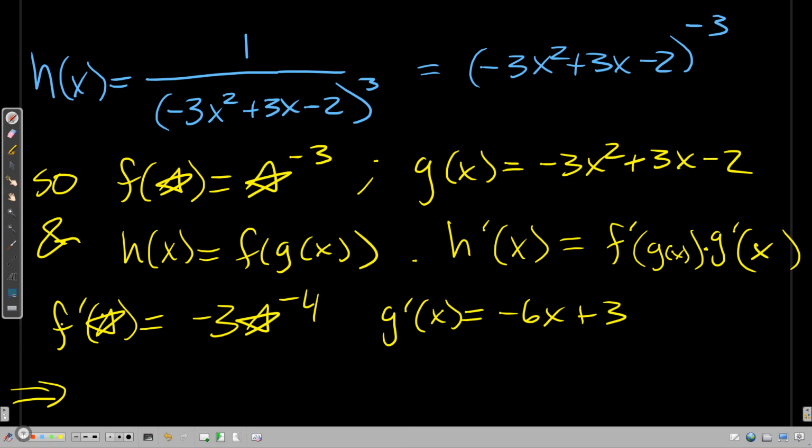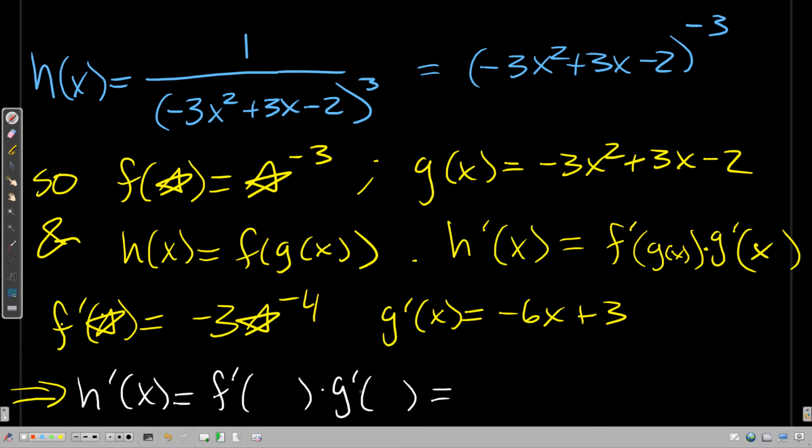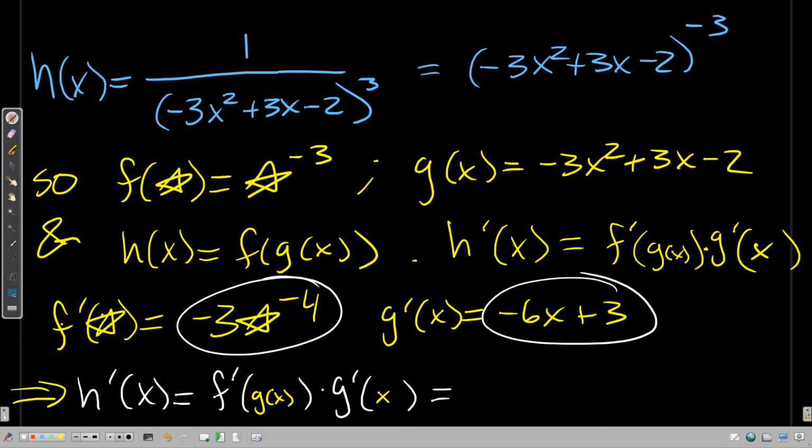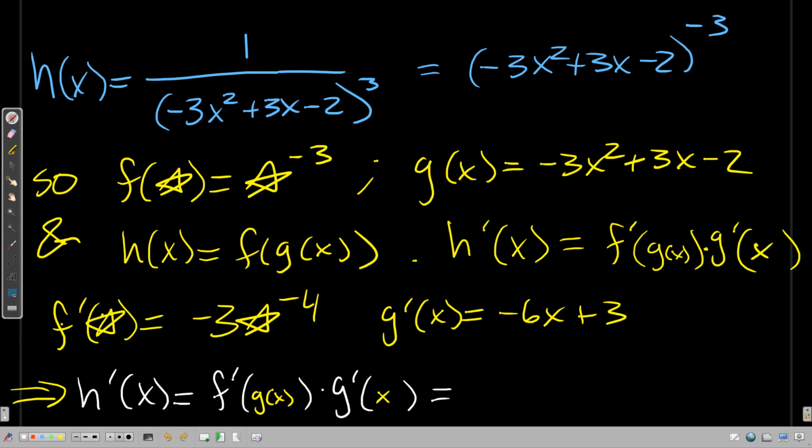Now we can see that h prime, since it needs to be f prime times g prime, where here we put in g of x and over here is just x, then now I can just look at my derivatives, right? It's those two things multiplied together, where the only thing I need to modify is instead of putting star, I'm going to put g of x.